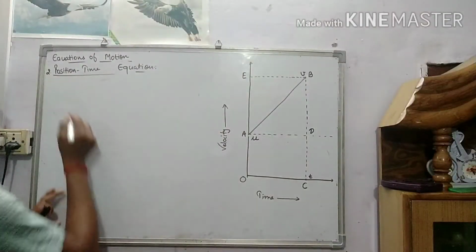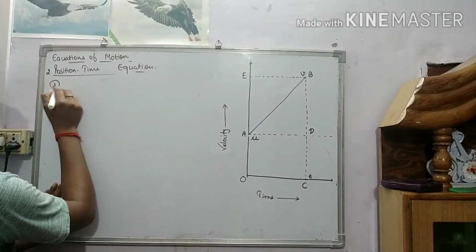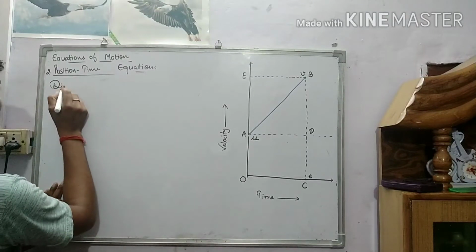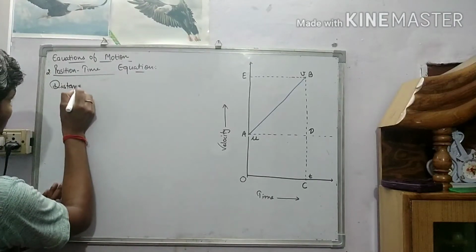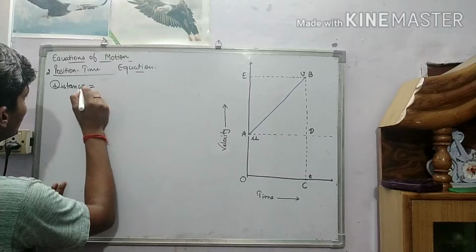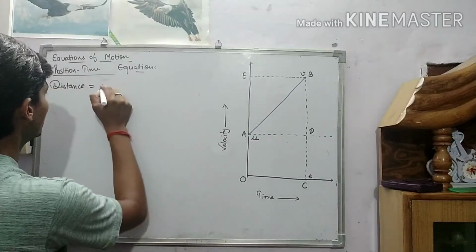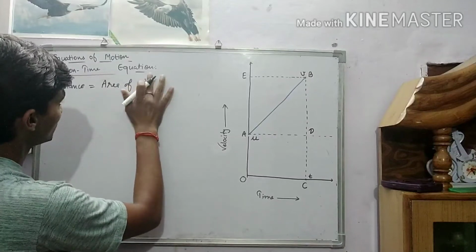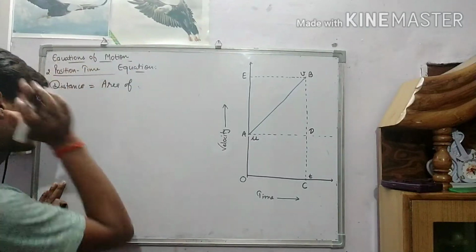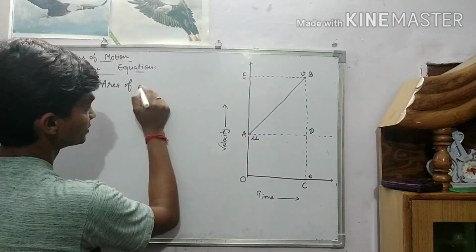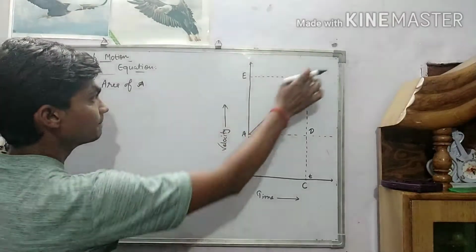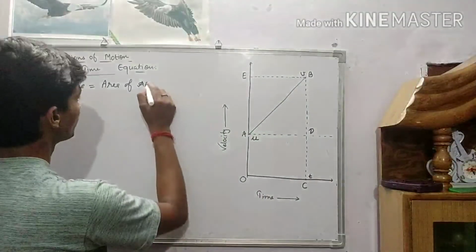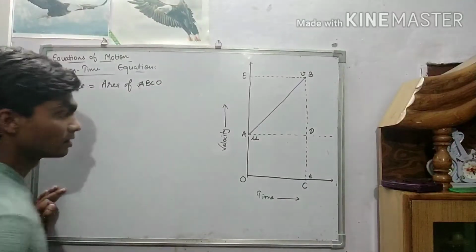So let us try to find it. Here displacement or distance, both can be correct, will be equal to the area of ABCO.